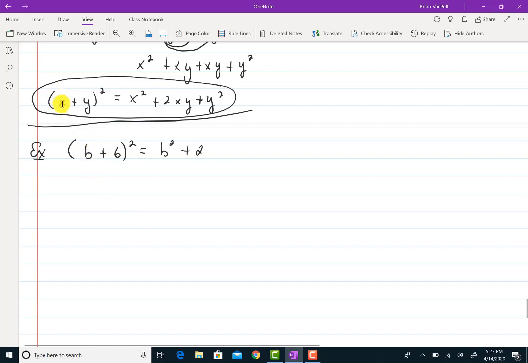The x is b, the y is 6. So I'll have 2 times b times 6. Plus 6 squared. That's b squared plus 12b plus 36.